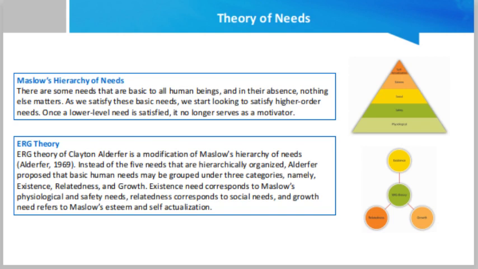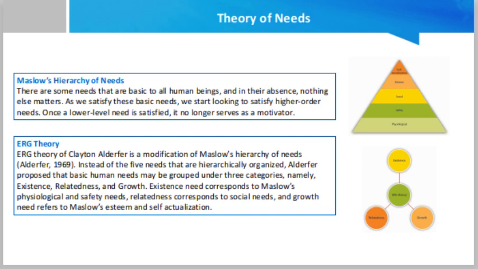Finally, at the highest level of the hierarchy, the need for self-actualization refers to becoming all you are capable of becoming. This need manifests itself by acquiring new skills, taking on new challenges, and behaving in a way that will lead to the satisfaction of one's life goals.